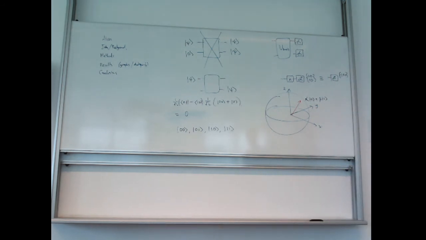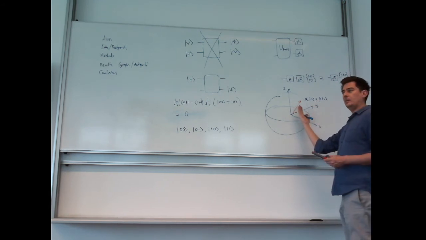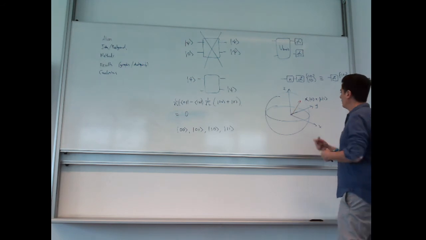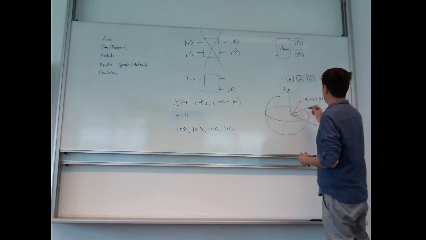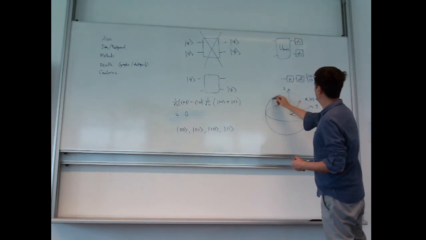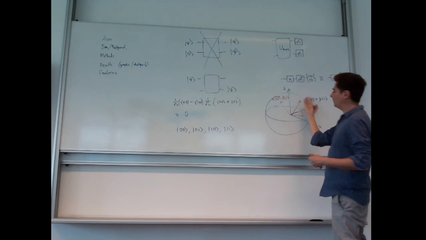Then we have another state which has a minus sign here, and that means it's like 180 degrees on the other side. So if we draw this triangle here, then there's another state here which is 180 degrees on the other side.